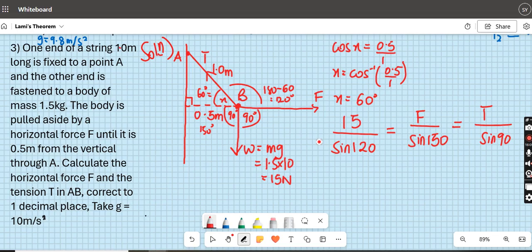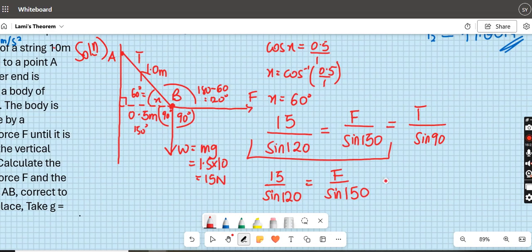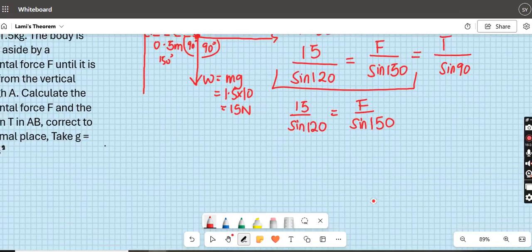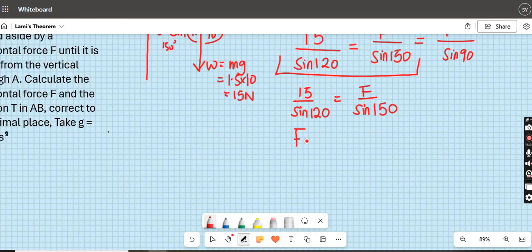Again, we'll take any two. So 15 over sine 120 is equal to F over sine 150. So we can find F. F will be equal to 15 sine 150 over sine 120.